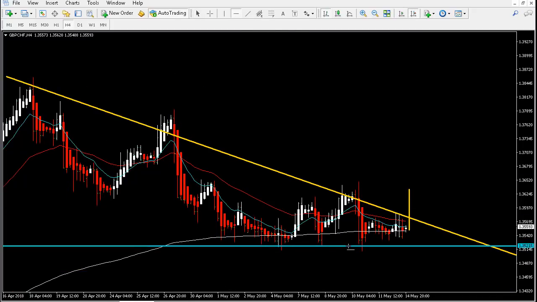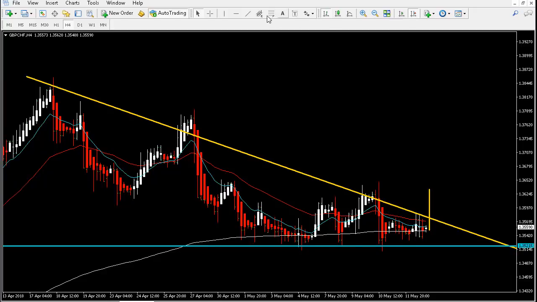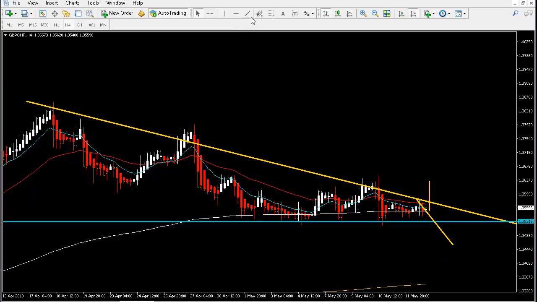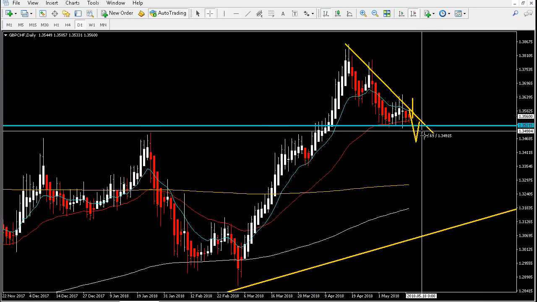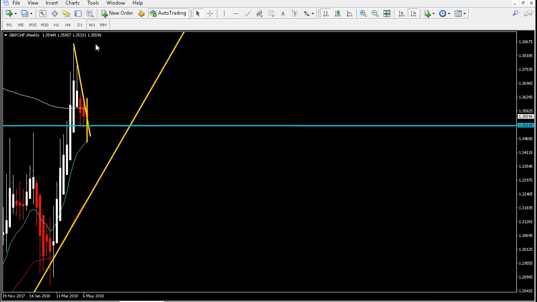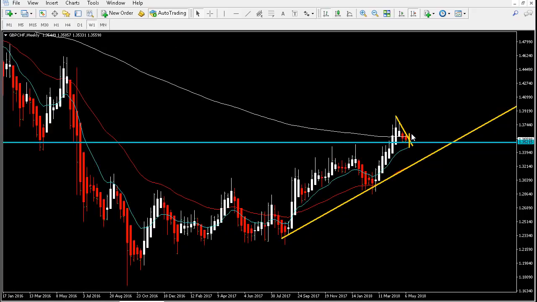Look at this, kind of a wedge. Then you can also take advantage of shorts because there is enough space on the lower time frames or Renko charts to target, of course, the 600, the 200, or the extension of this line. But that would be trading against the main trend if there is volatility.